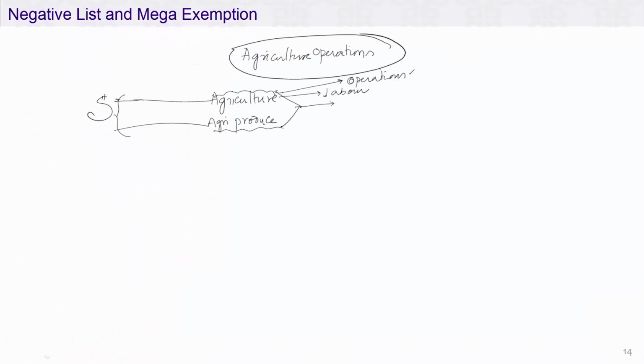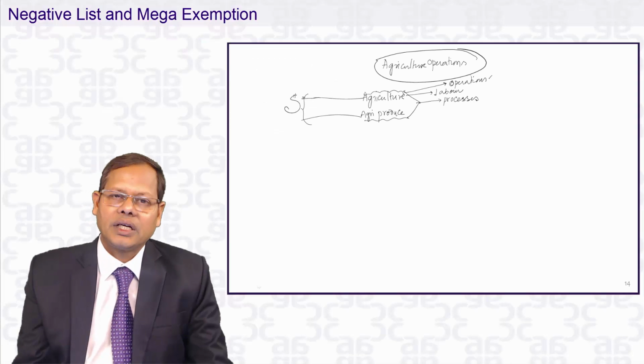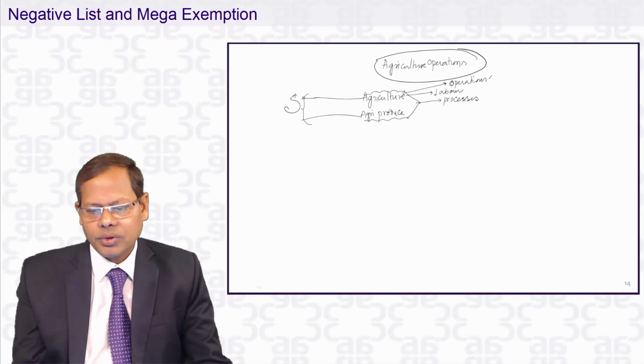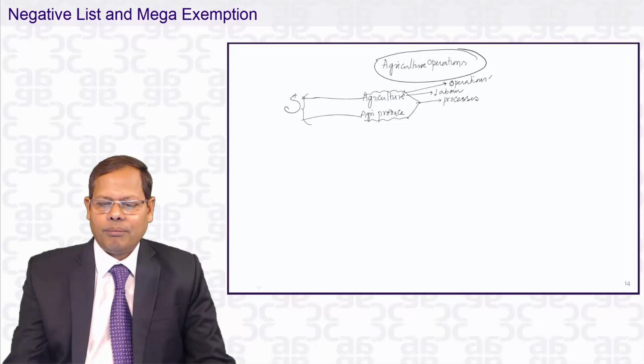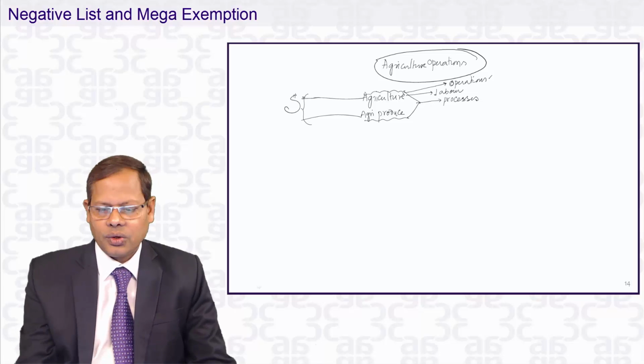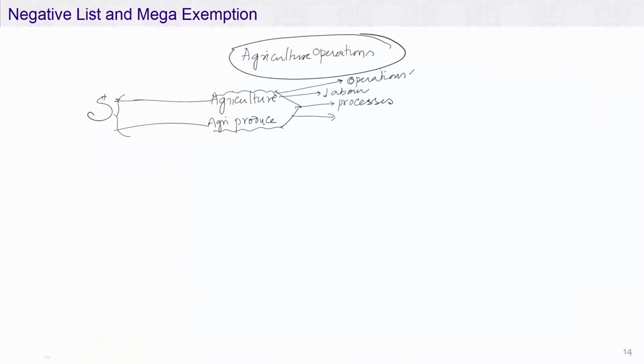All the processes involved in bringing out the agricultural produce are also put there. So operations, labor and processes, and also renting.